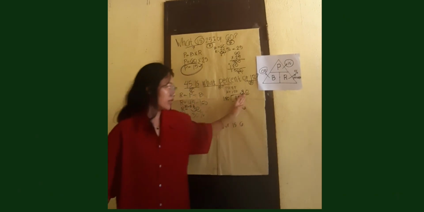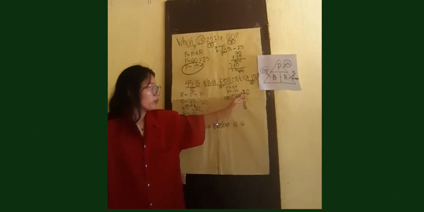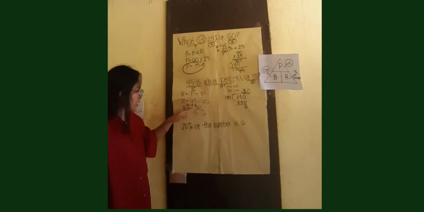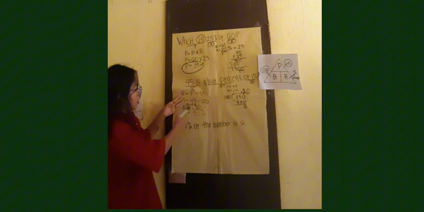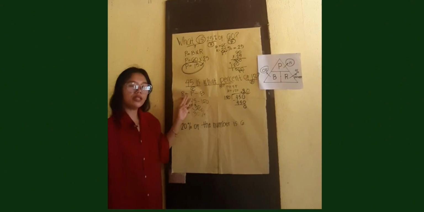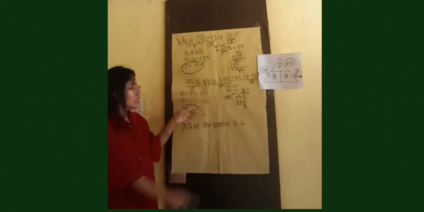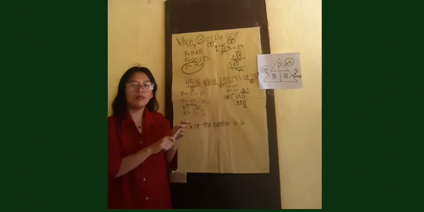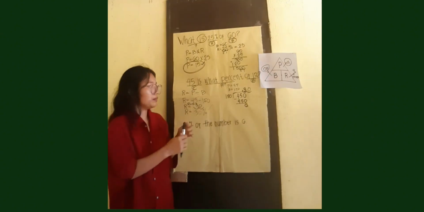So, our answer is 0.3 or 3 tenths. So, R is equals to 0.3 or 3 tenths. So, since decimal number man siya, we are searching for a percent. So, ato siya himuon og percent.